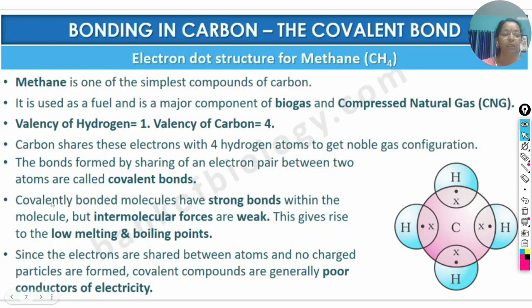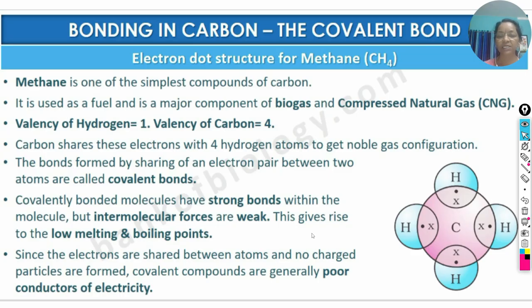Here we'll talk about the properties of covalently bonded molecules. Covalently bonded molecules have strong bonds within the molecule. That means the C-H bond is strong, but the attraction between one CH4 molecule and another, the intermolecular force of attraction, is very weak.